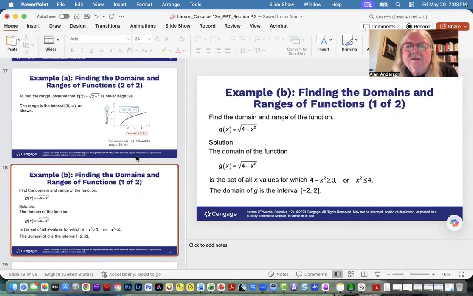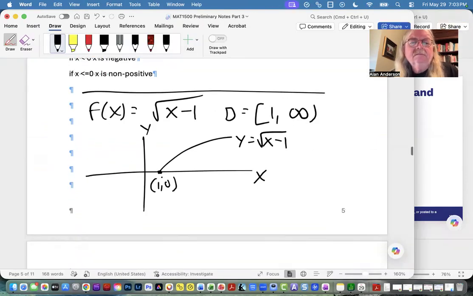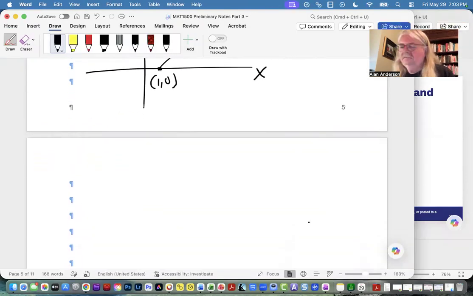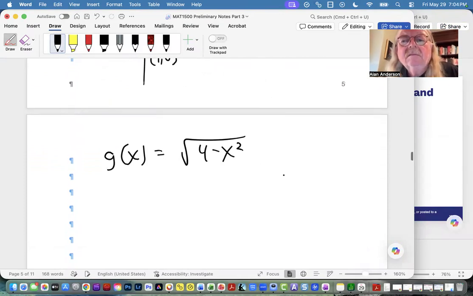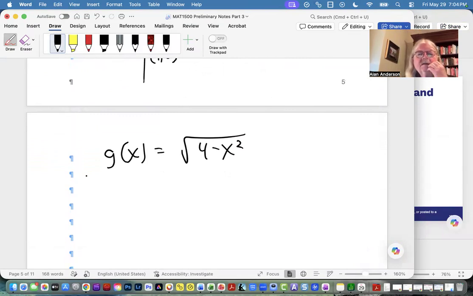How about this one? The square root of 4 minus x squared. Let's think about this. Why don't we set this equal to 0?